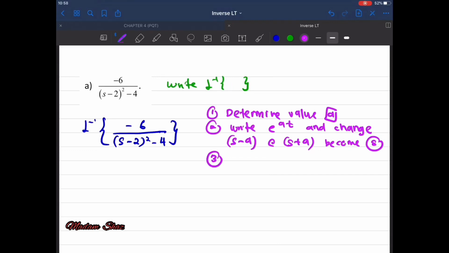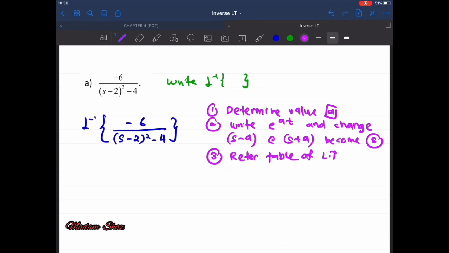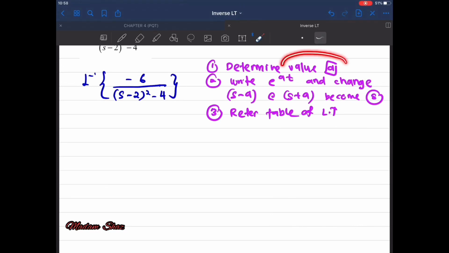Step number 3, refer to the table of Laplace transform. So step number 1, determine value of A from s minus A or s plus A.